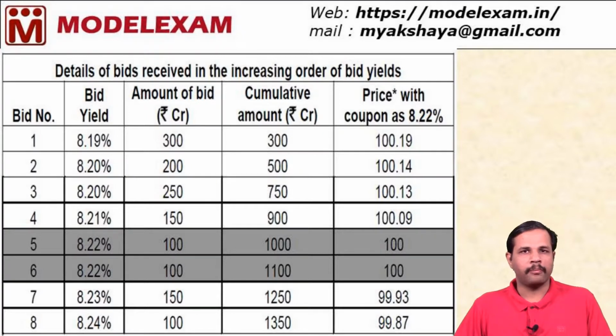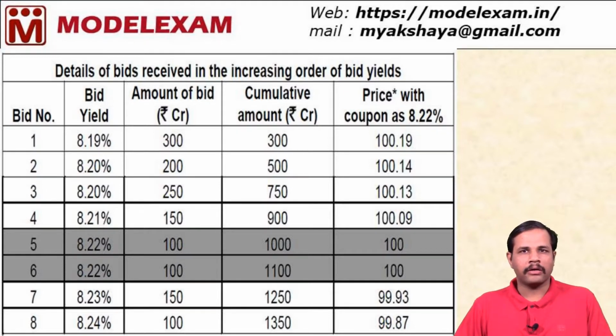So the first bidder will get 300 crore worth of government securities. The second bidder will get 200 crore. The third bidder will get 250 crore. The fourth bidder will get 150 crore. So totally 900 crore worth of government securities has been allotted so far.